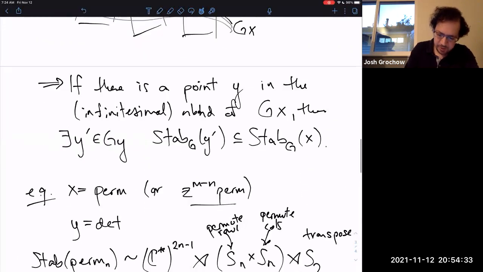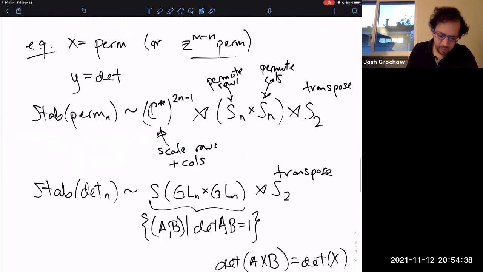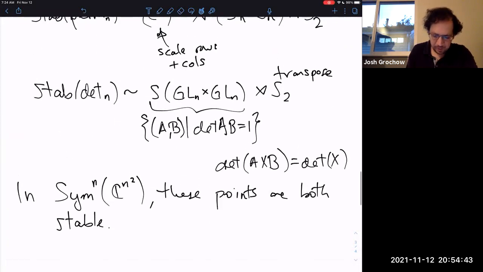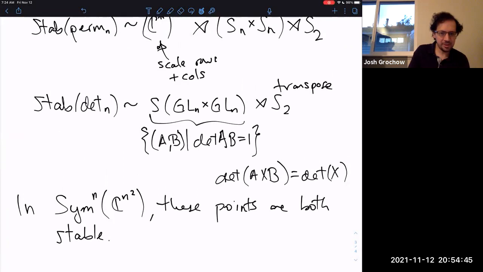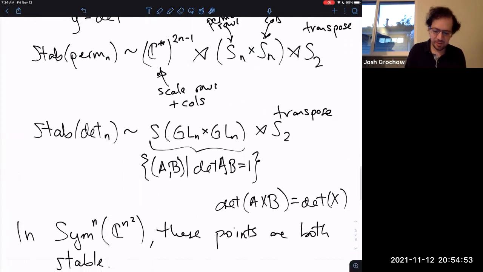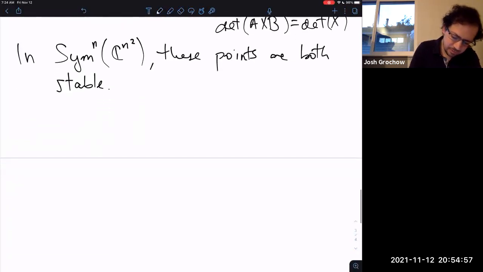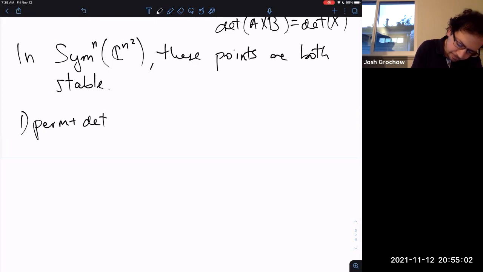So one consequence of this is we can prove that the permanent and the determinant are not in the same orbit here. In fact, the permanent is not even close to the determinant. Proving they're not in the same orbit is easy by looking at these stabilizers, because to be in the same orbit, their stabilizers would have to be conjugate. Right? So perm and det are not equivalent to one another, not in the same orbit.